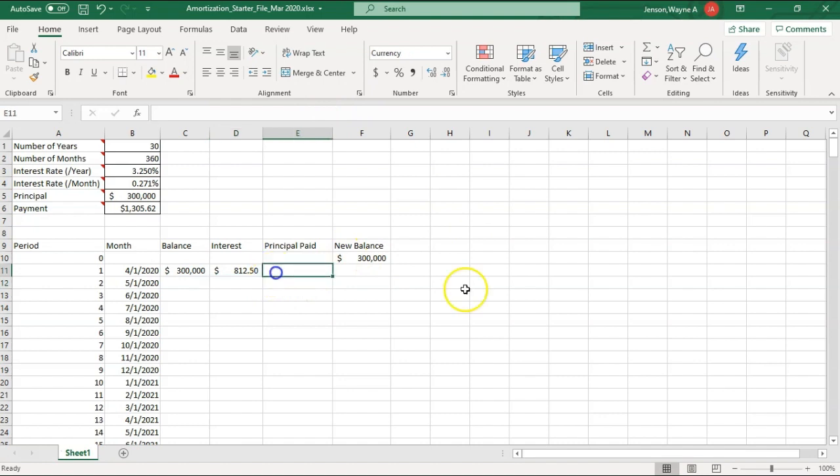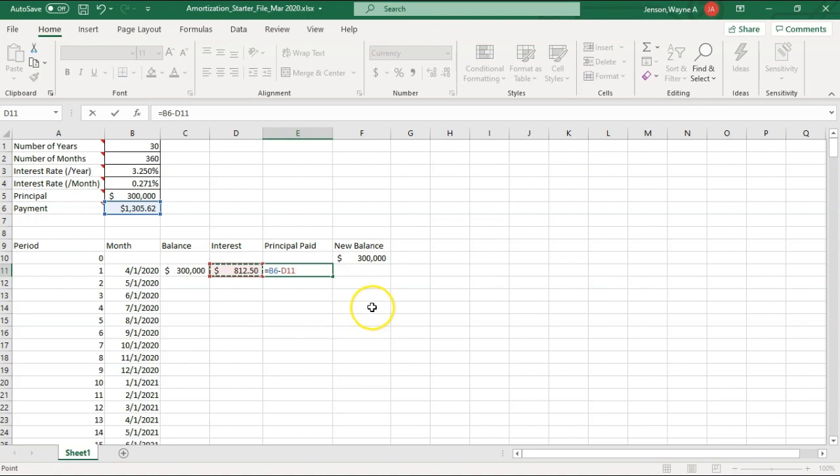And then the principal paid, we'll put a formula here, it's going to be whatever our payment is minus the interest. So you'll notice it's going to be B6, which is our payment, minus the amount of interest, which is $812.50. And that amount of interest is going to change each month because our balance is going to go down. And we want this to be an absolute reference, the B6, the reference to the payment.